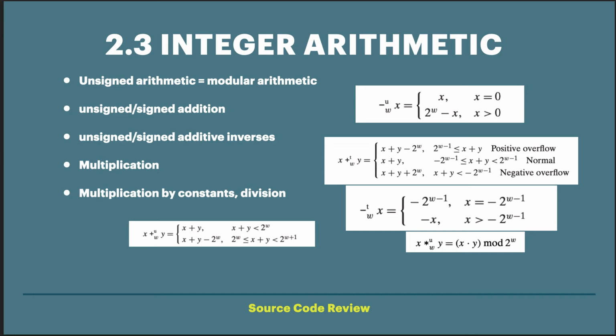So basically, in additive inverse, you're just looking for an actual additive inverse if it's a signed encoding, or an overflow where everything else is 0. And with signed encodings, you could actually have a positive overflow or a negative overflow when you're adding 2 numbers, right?